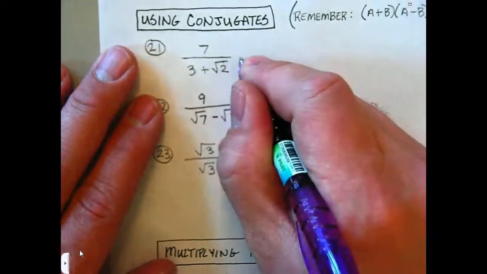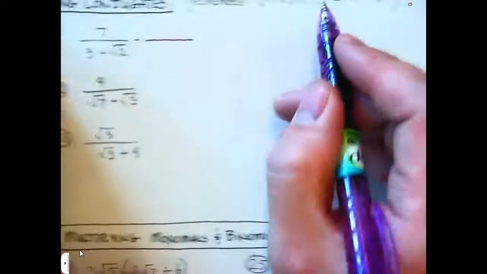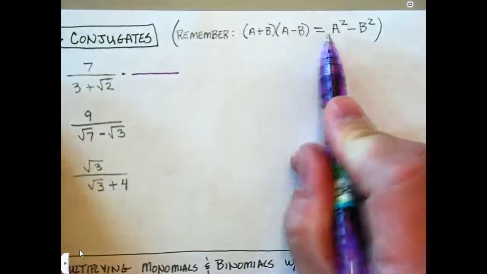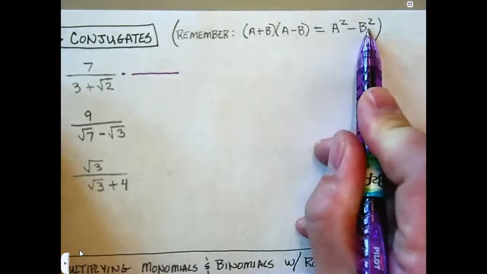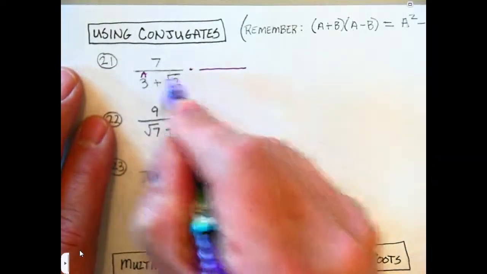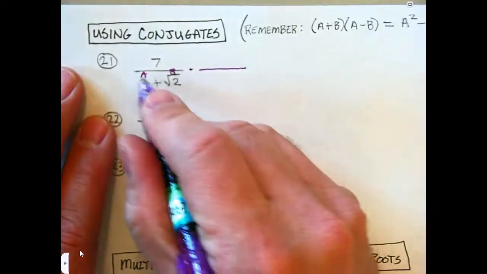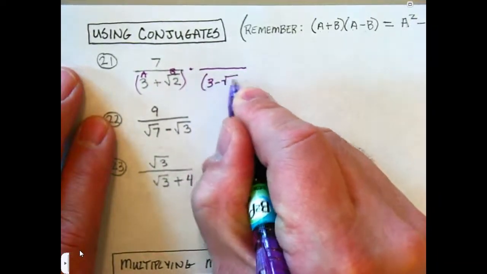So when you have that, you've got to multiply by the conjugate. And the conjugate, if you're using this pattern, the difference of two squares, a plus b times a minus b, you get a squared minus b squared. Just whatever that is squared minus whatever that is squared. So if we thought of this as our a and our b, we have a plus b right there. We need a minus b over here.